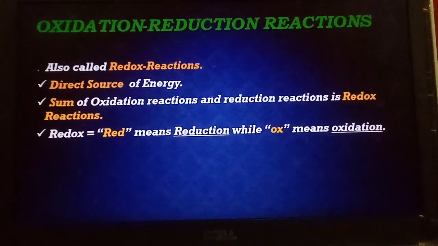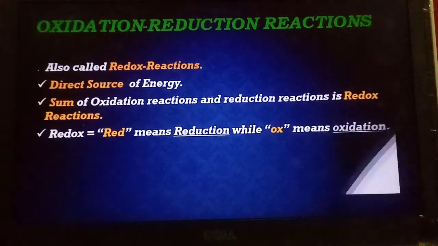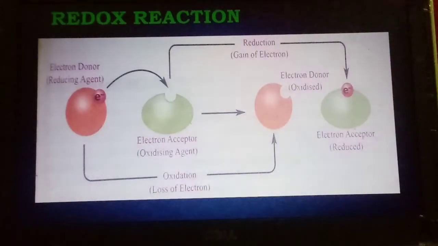Redox reaction means those reactions in which reduction and oxidation take place.